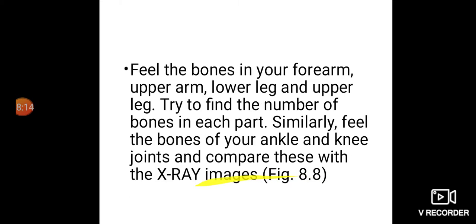Now, feel the bones in your forearm, upper arm, lower leg, and upper leg, and try to find the number of bones in each part. What are you going to touch now? You are going to touch parts of your body.